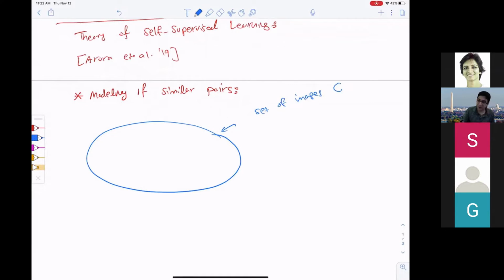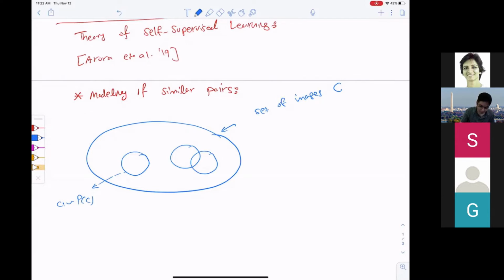See, and there are some classes within the set of images. There's cats and dogs. Some classes can be overlapping to one another. So each class is drawn with a particular probability model.